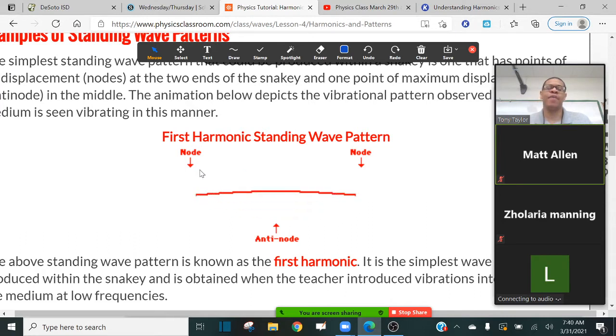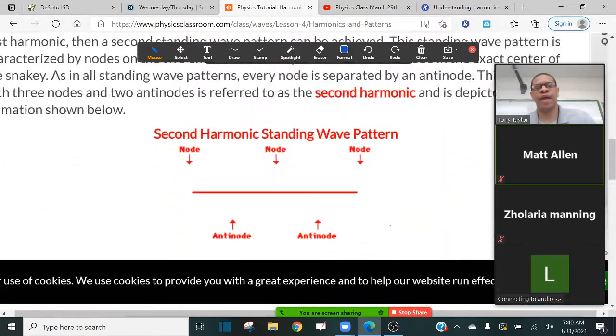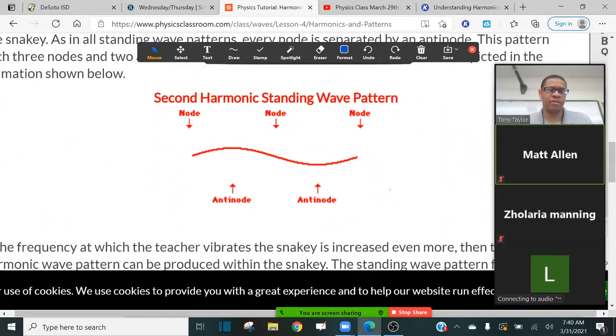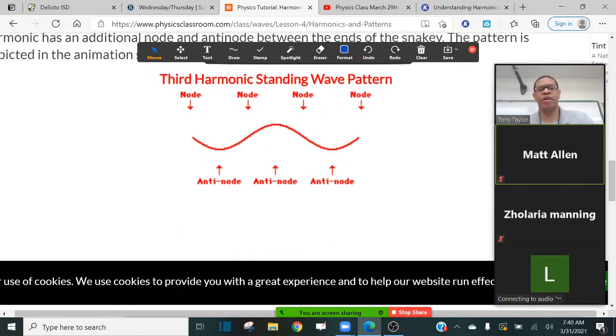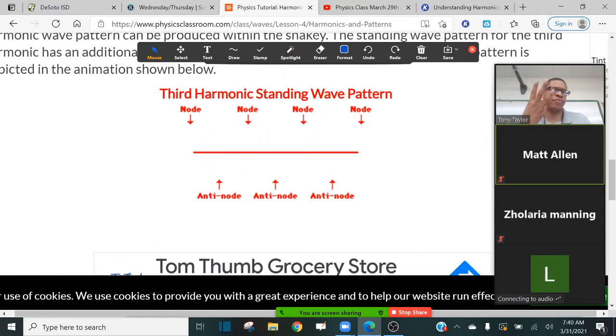If it's vibrating at the first harmonic, it always has one antinode. If you have a standing wave that is vibrating at the second harmonic, that standing wave would have two antinodes. If it's vibrating at the third harmonic, it would have three antinodes. So you guys can see the pattern here.